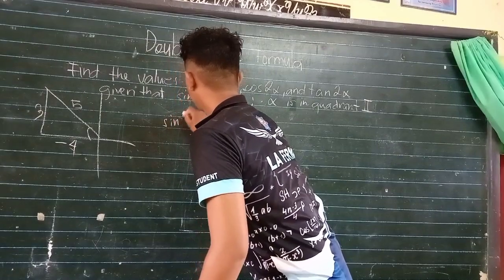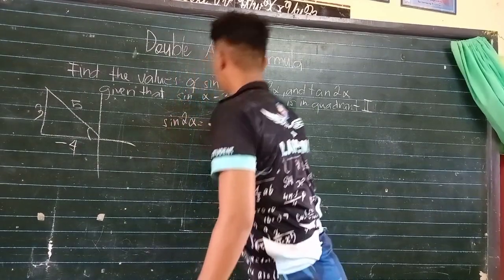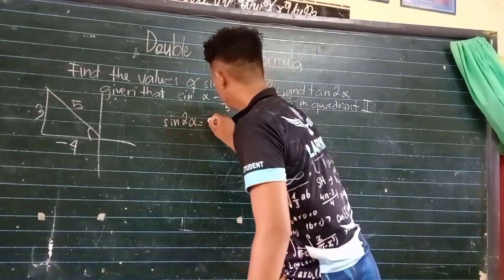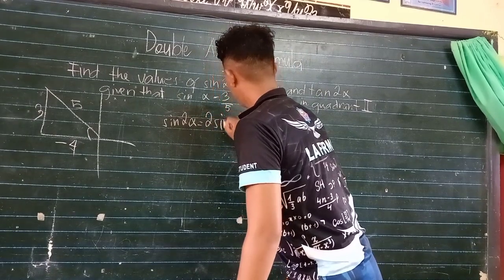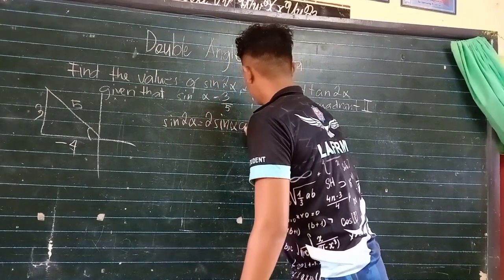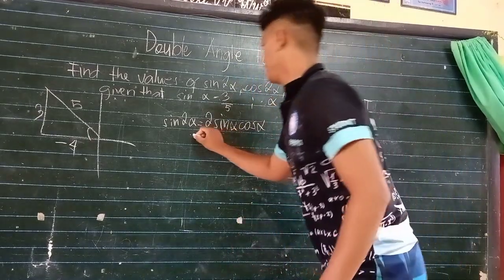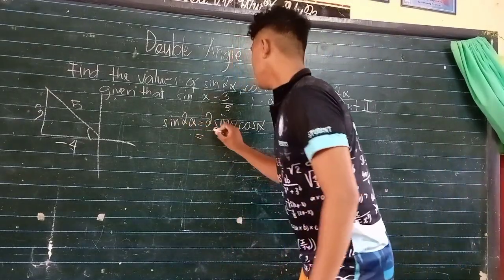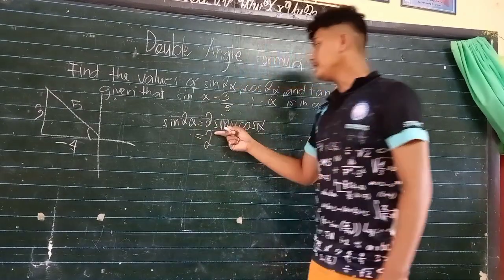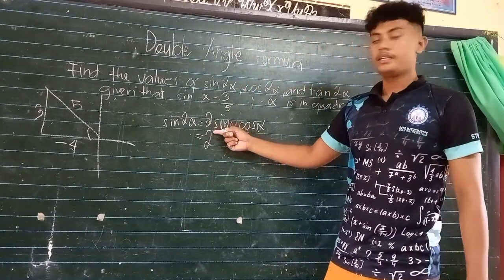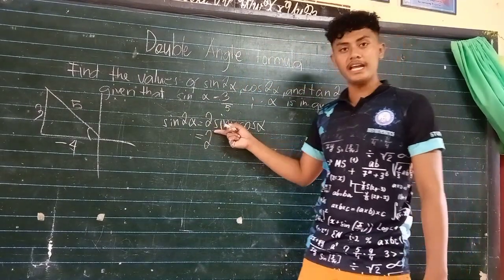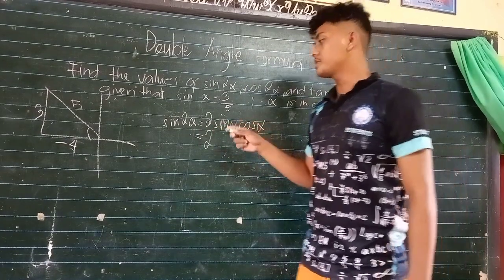Sine 2 alpha is equal to 2 sine alpha cos alpha. To find the sine here, we can use SOHCAHTOA.